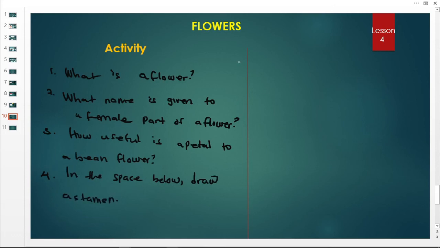Number five, which part of a flower protects it during a bud stage?